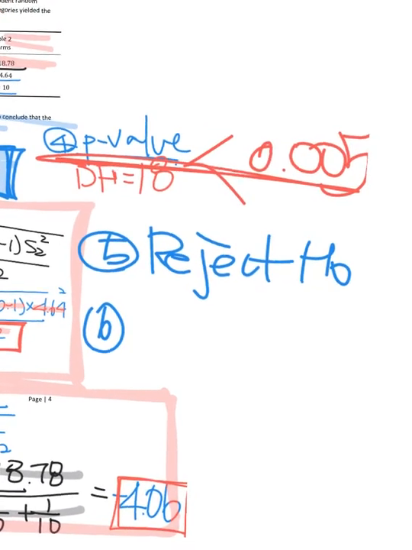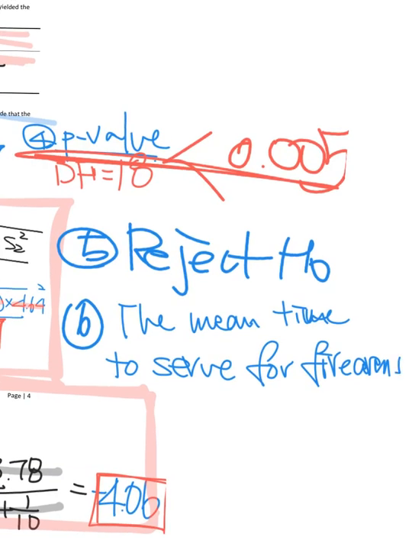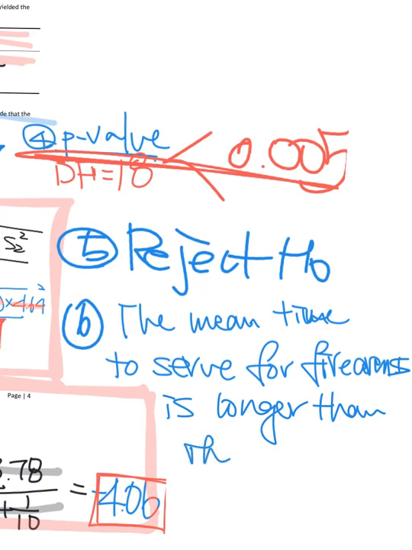So let me go to step 6. We can state the mean time to serve for firearms is longer than that for fraud.